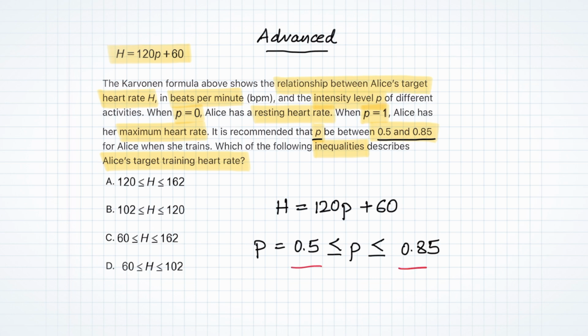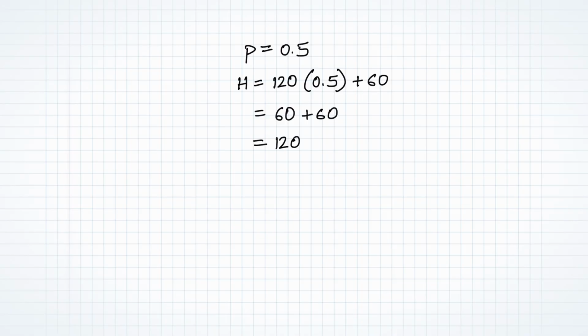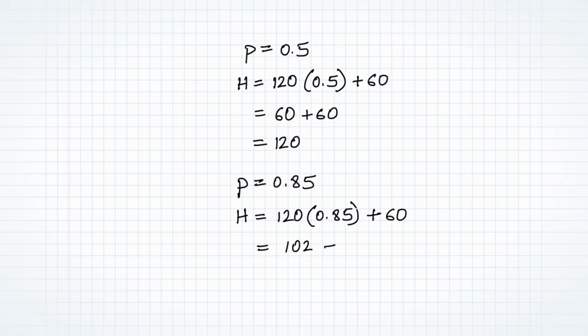Now, we plug these two values into the equation one at a time. First, when P equals 0.5, H equals 120 times 0.5 plus 60. That is 60 plus 60, which equals 120. Next, when P equals 0.85, H equals 120 times 0.85 plus 60. That is 102 plus 60, which equals 162.